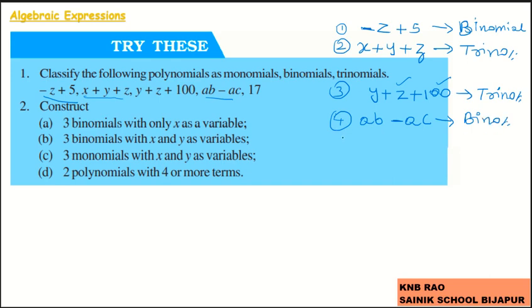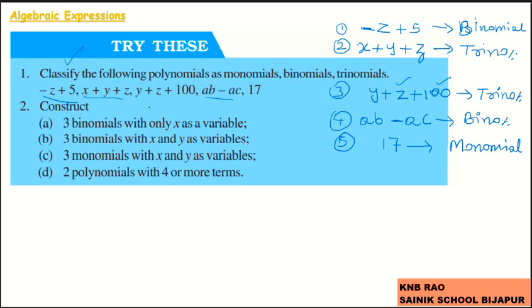And in the fifth one, I am given only the number 17 alone. So it is a constant term, and it is only a single term. So I say it is a monomial. Children, this is how we classify algebraic expressions based on the number of terms.